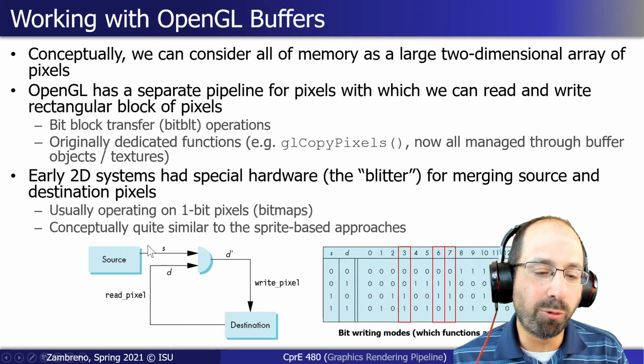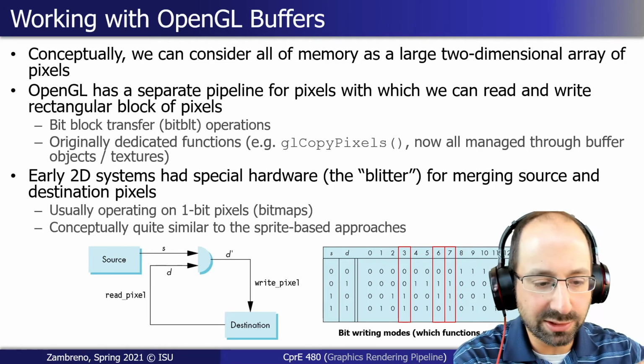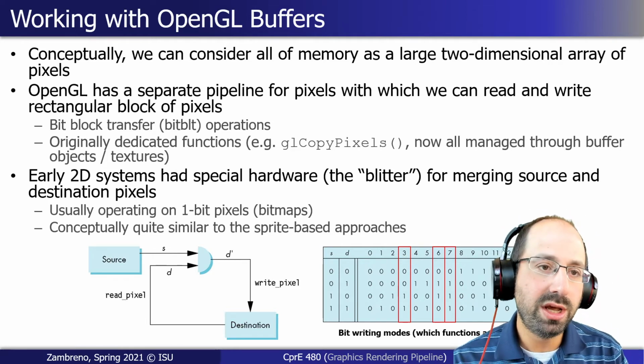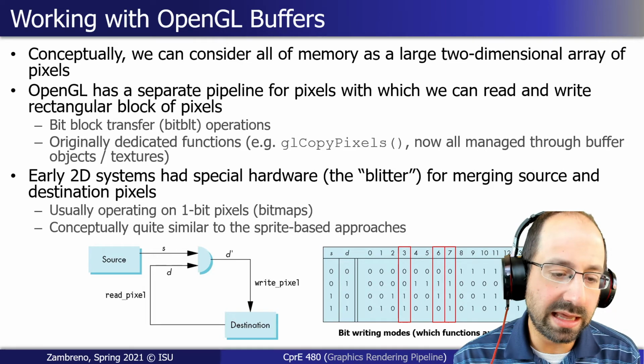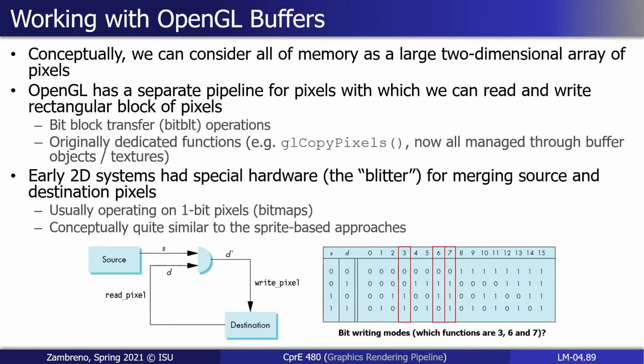If we want to think of this as just being 1-bit information for these sprites, but you could apply it to 8-bit and 32-bit color if you wanted to, you would have effectively a programmable lookup table in that particular block of hardware here, where we would take, as we're copying this sprite over, you would take that information, that 1-bit, the source pixel, and you would determine what to do with it based on a combination of what is currently in the buffer, in our frame buffer now, already there, and some function defined, of which if it's just a 1-bit value for both the source and the destination, that gives us a 2-input lookup table, right?